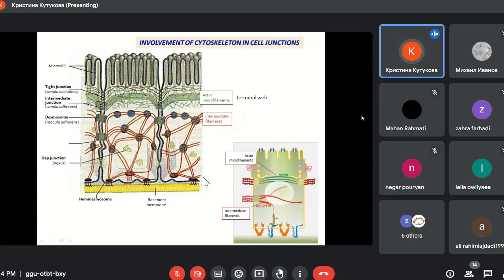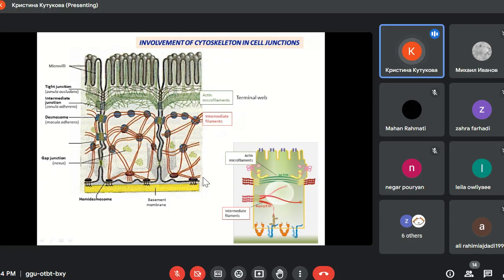The elements of cytoskeleton are involved in all of the cell junctions except of gap junctions, as you can see here. So spot desmosomes has in its structure intermediate filaments, red in this picture.